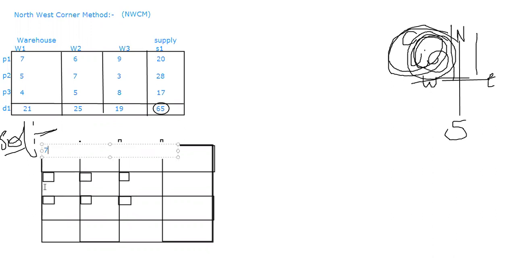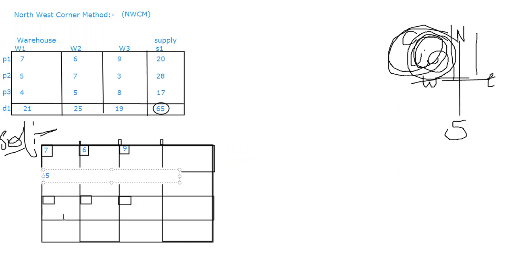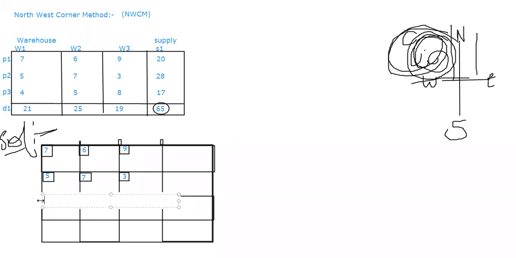It is 7. Then here 6, here 9. Then in this row, 5, 7, 3. Here it is 4, 5, 8. Okay, so like this I'm going to do it.